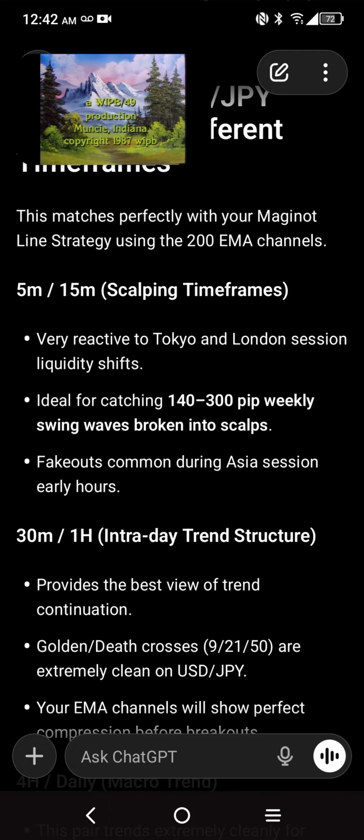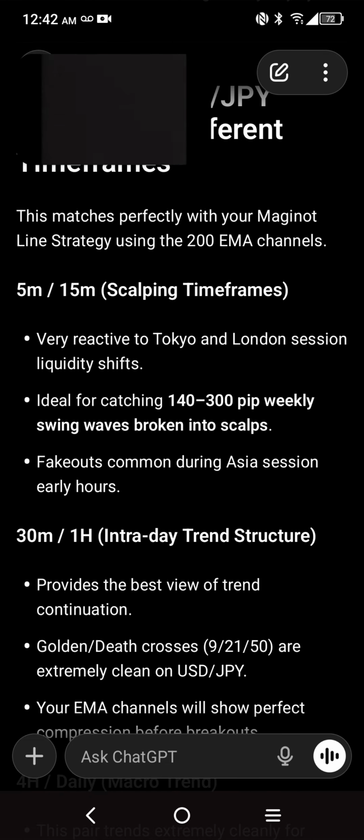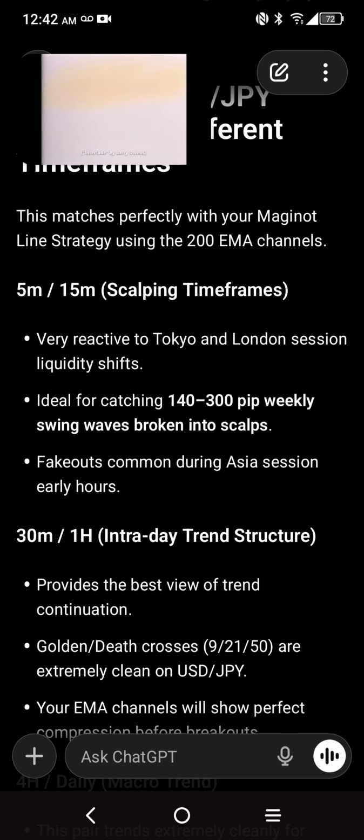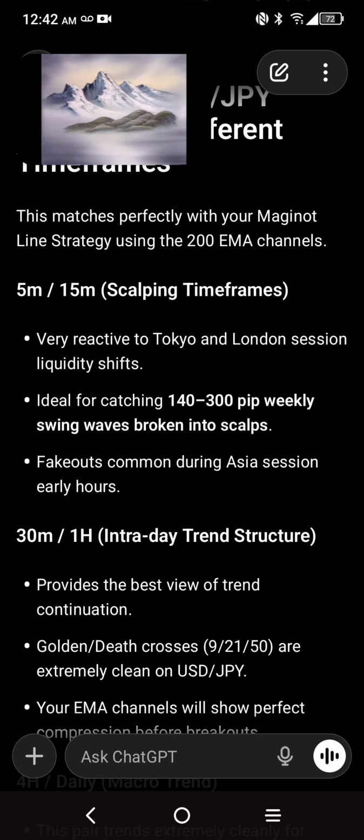Okay, which basically is telling you that you honestly can have between 140 to 300 points that the pair is swinging up and down or just in one direction in a trend. And I've seen it do 300 points in a day.